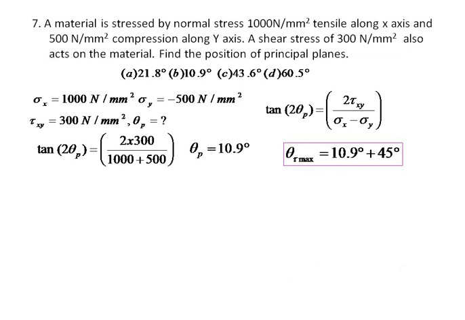Another thing I want to mention here: I have asked you to find the principal plane. If you are asked to find the maximum shear plane, the plane at which maximum shear occurs, just remember the formula: theta tau max is equal to theta p plus 45.